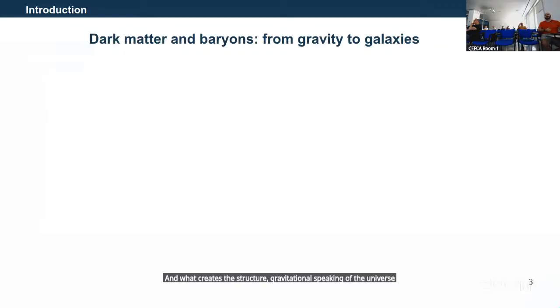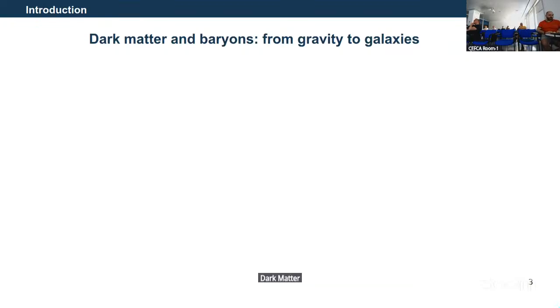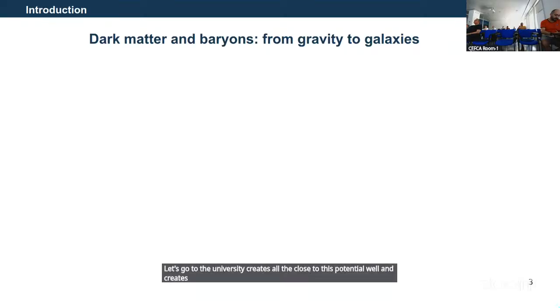And when this creates dark matter halos, the baryons, basically the gas and stars, go to this potential well and create these galaxies.